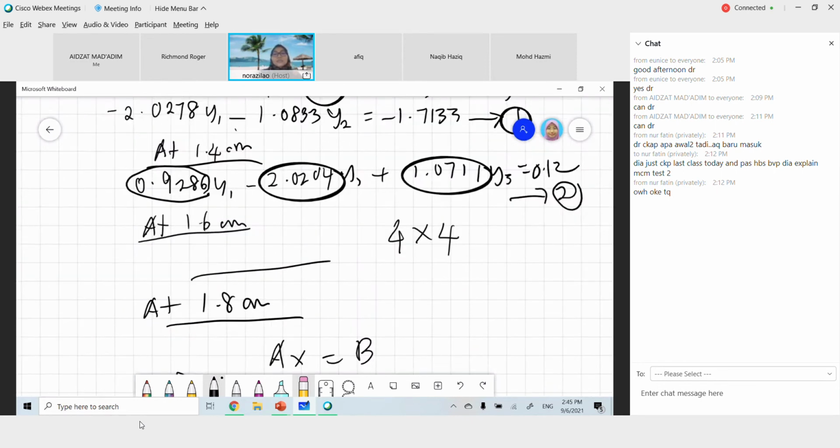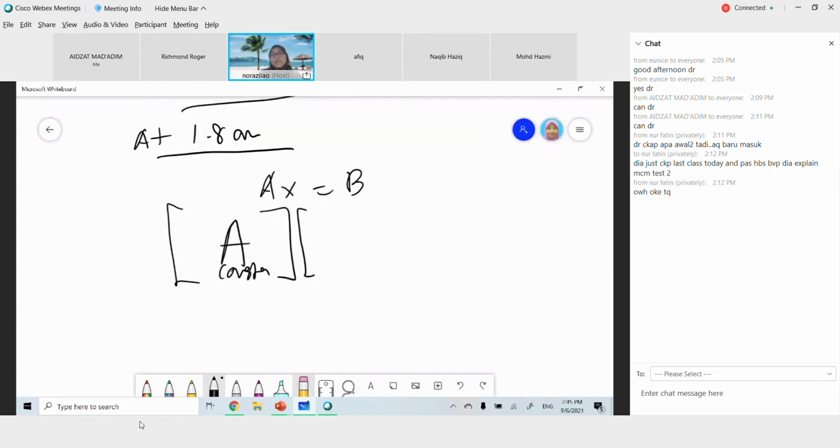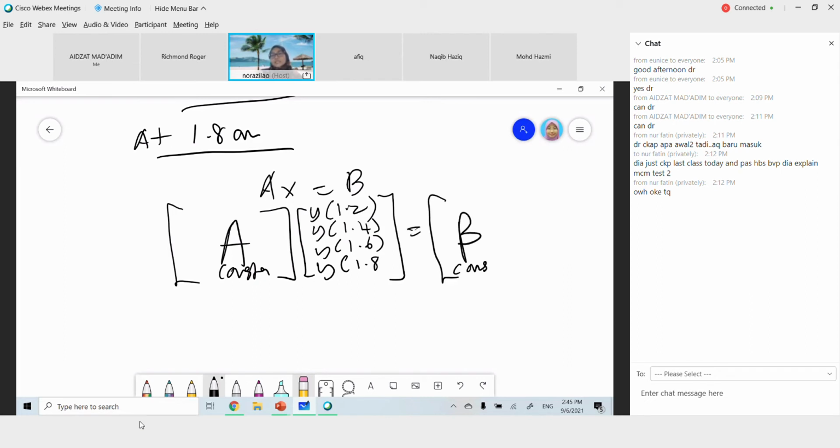So you just need to put y 1.2, y 1.4, y 1.6, y 1.8 equal B. Okay, constant. Boleh? Boleh Nakib?